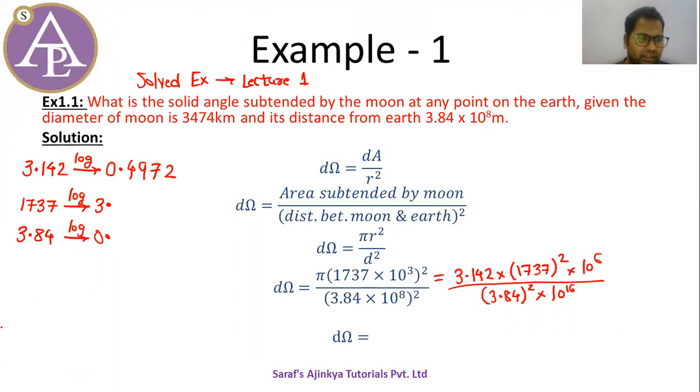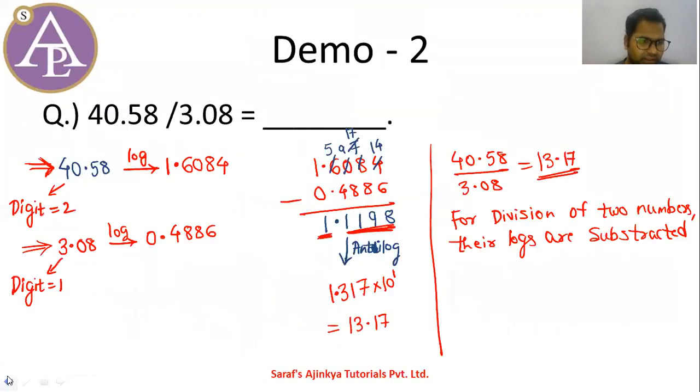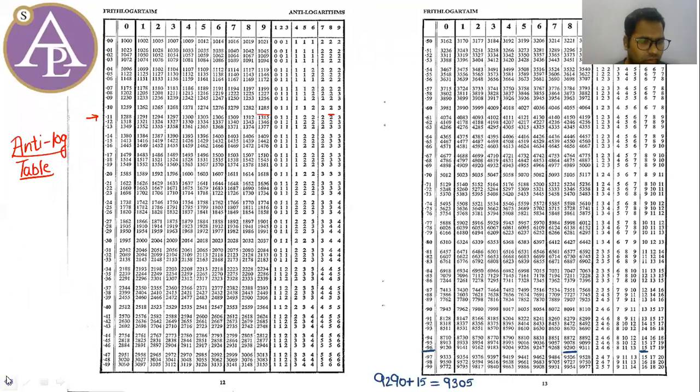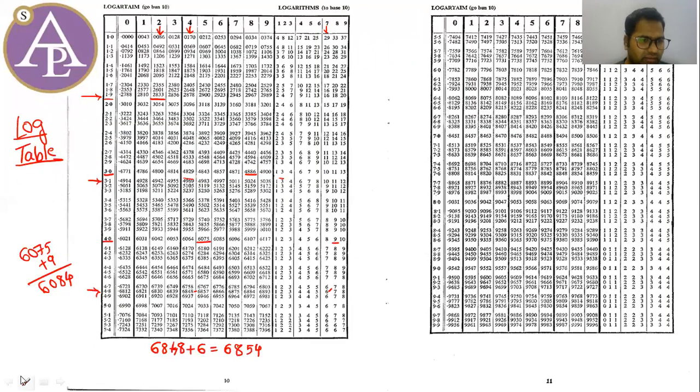Then 1737. So this is 17, correct. This is 3, and then this is 7.